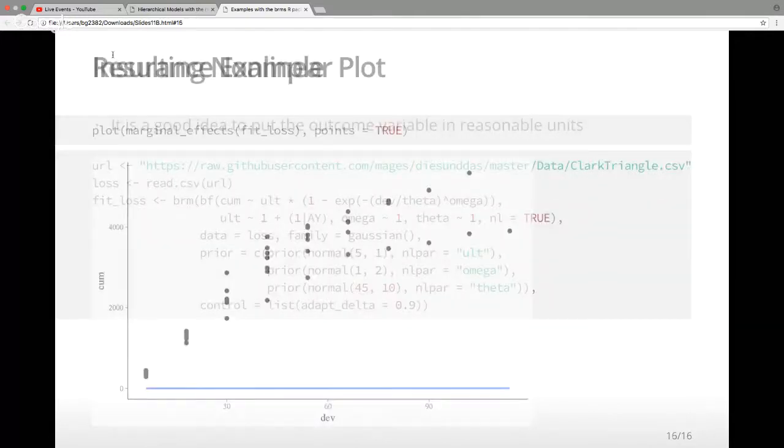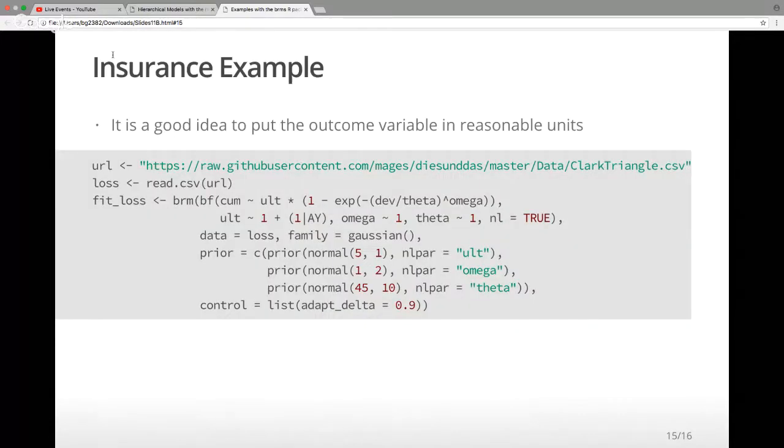So all of these things you can do in brms, and quite honestly, brms probably covers the vast majority of the use cases that you would probably encounter in the social sciences, and a whole lot more.